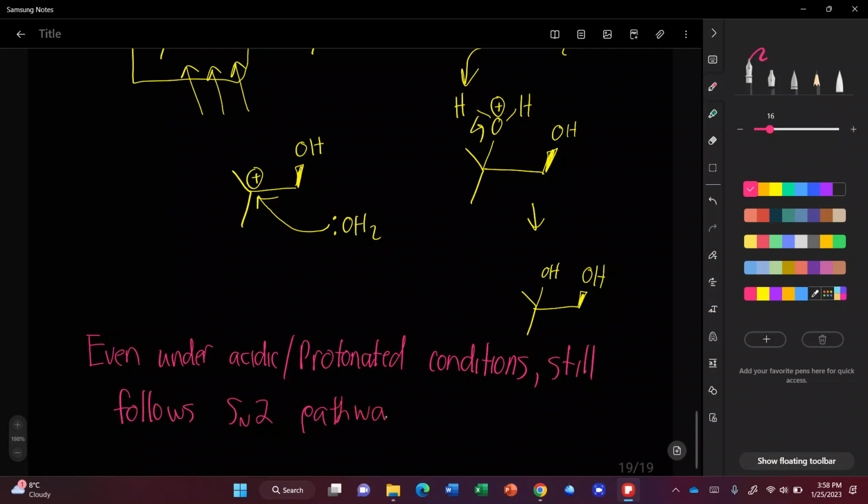It might confuse you because you might say, okay, well, if it follows an SN2 pathway, why did the water attack the more substituted side?